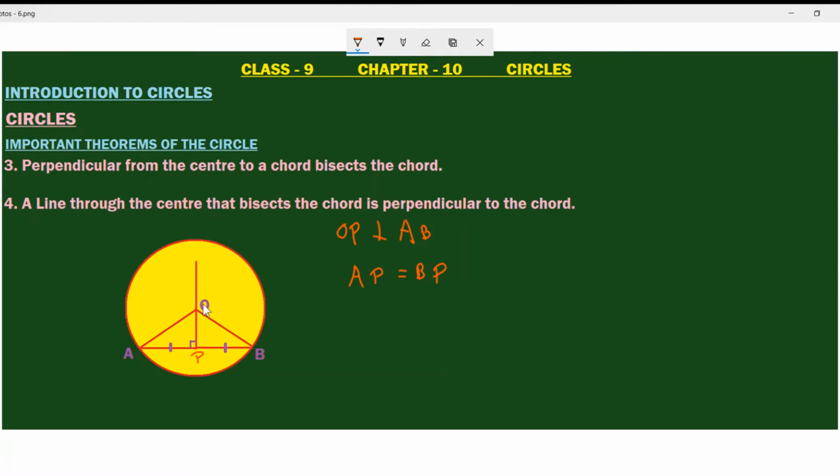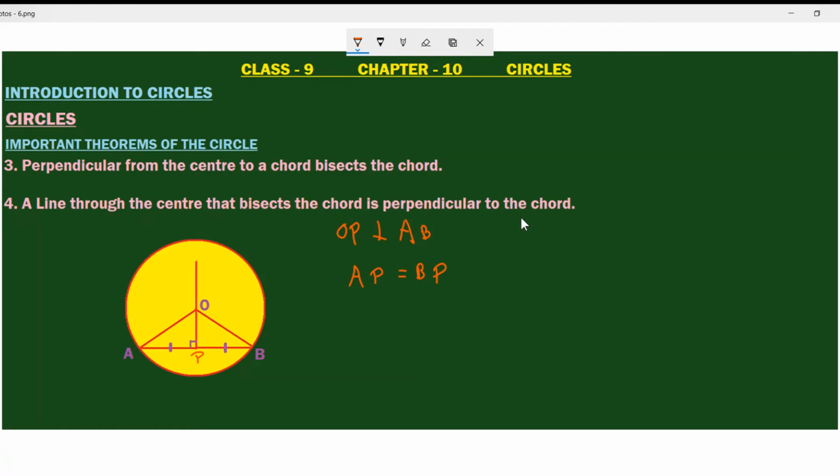First, we draw the perpendicular line, and then join point A to the center and point B to the center, and we get two triangles, AOP and BOP. So first we have to prove these two triangles are congruent. After that we can prove AP is equivalent to PB.